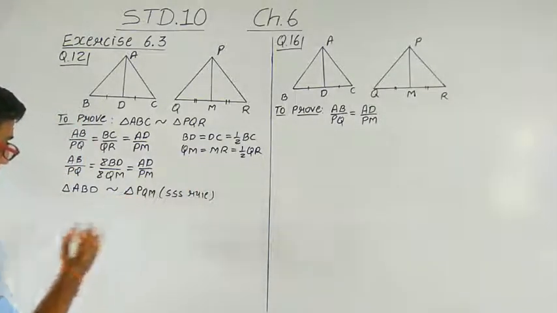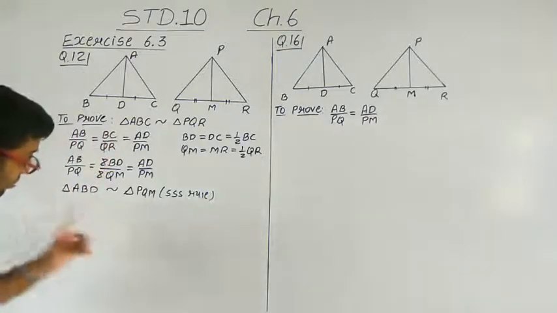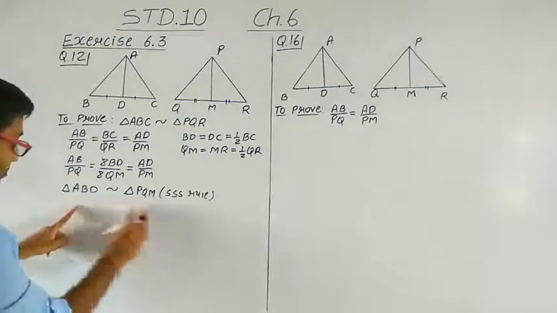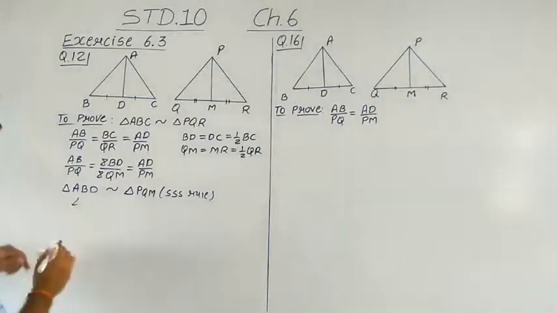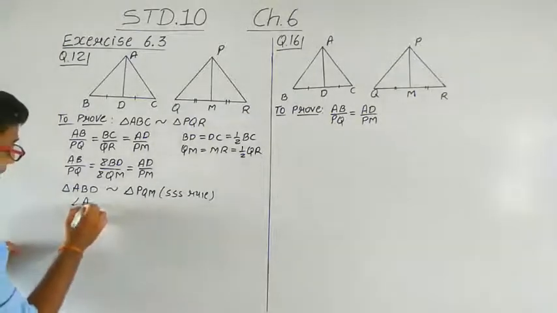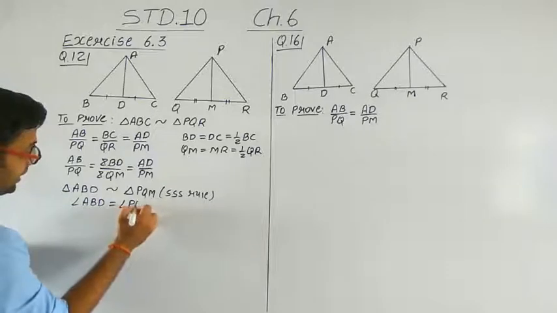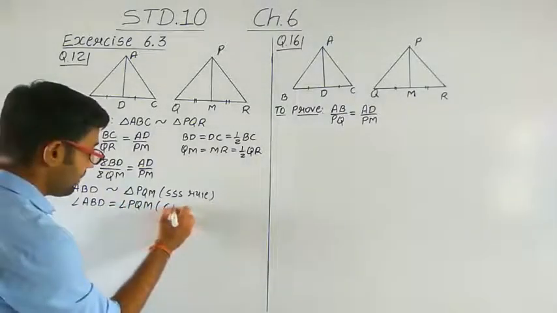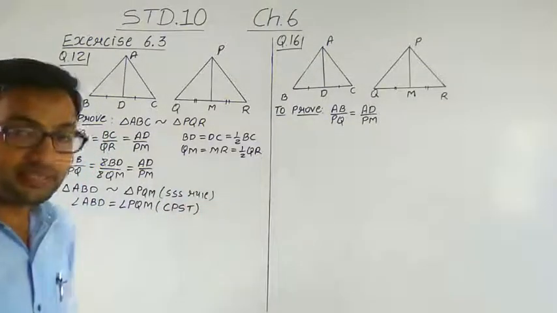Why do we do this thing? Why do we prove these two triangles are similar? Because we want to prove that B and Q are equal. So see, if these two triangles are similar, we can write down that angle ABD will become equal to angle PQM according to the corresponding parts of similar triangles, CPCT.